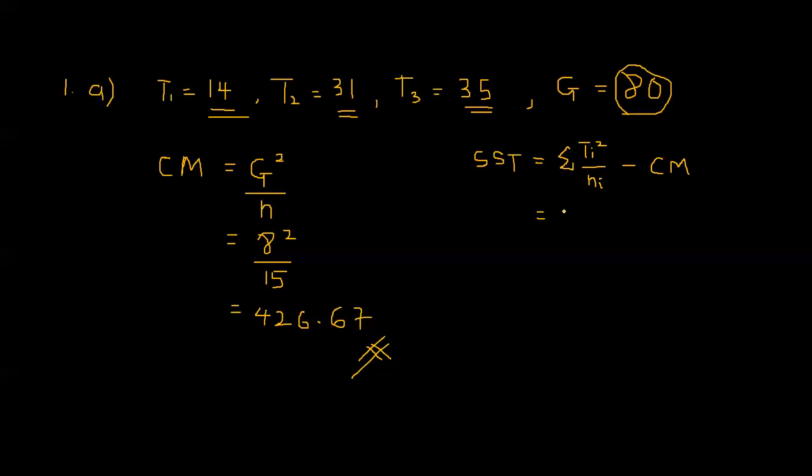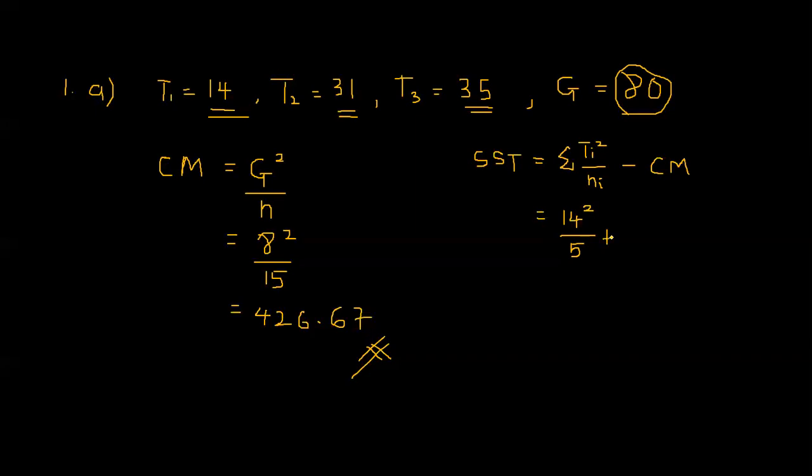So 14 squared, and then you must divide by the total sample, that is 5. Because if you refer to the table, each treatment is divided into 5 subjects, that is A, B, C, D, E. So divide by 5.